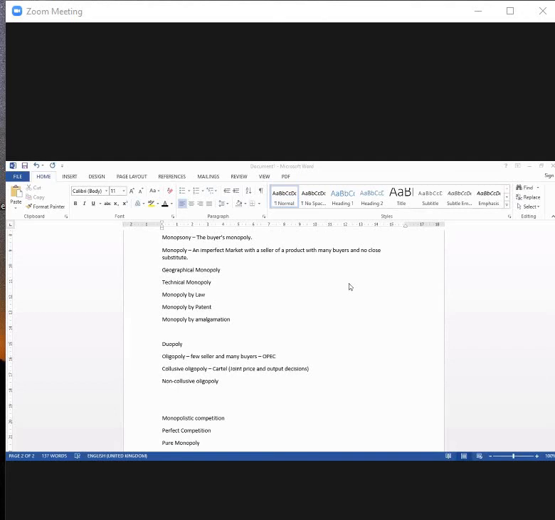With the aid of a diagram, differentiate the short run and the long run of monopolistic competition from the short run and the long run of perfect competition. I can use either pure monopoly and perfect competition, or perfect competition and monopolistic competition.